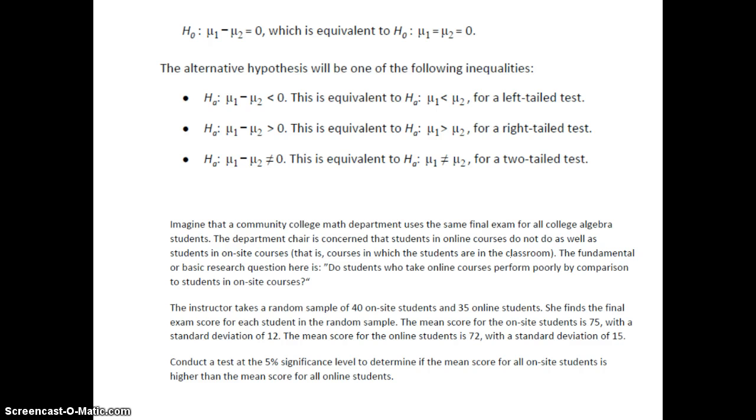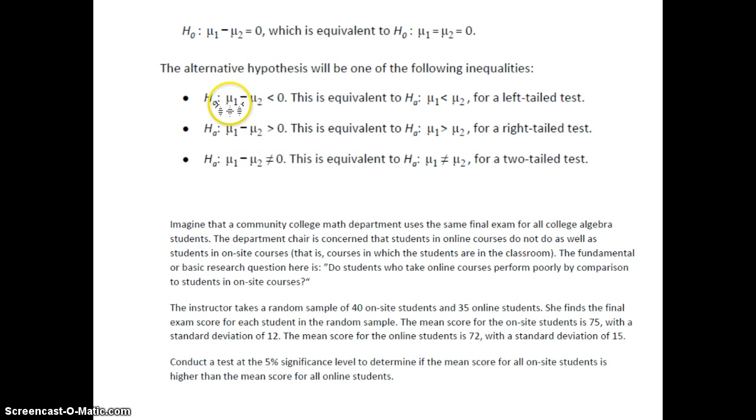And then the very last thing we're going to look at in Module 10 is hypothesis testing for independent sample data. Your alternative hypothesis is going to look very similar to what you did for two populations in Module 9 with proportions.